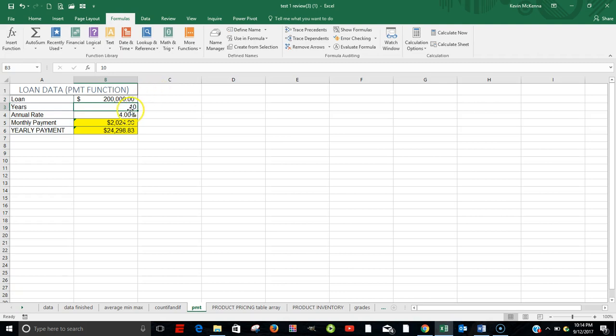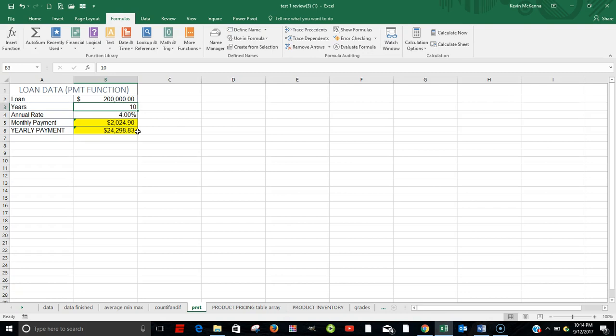And if you have 10 years to pay it off, and if it's at roughly 4% interest, that's $2,000 per month that you have to be paying back the bank, and approximately $24,300 per year. That's a lot of money.